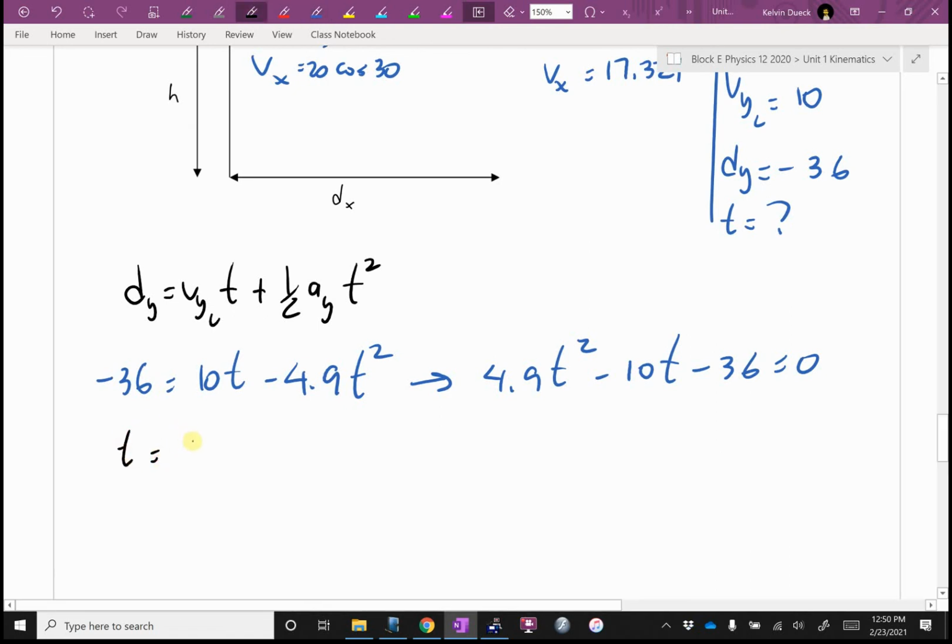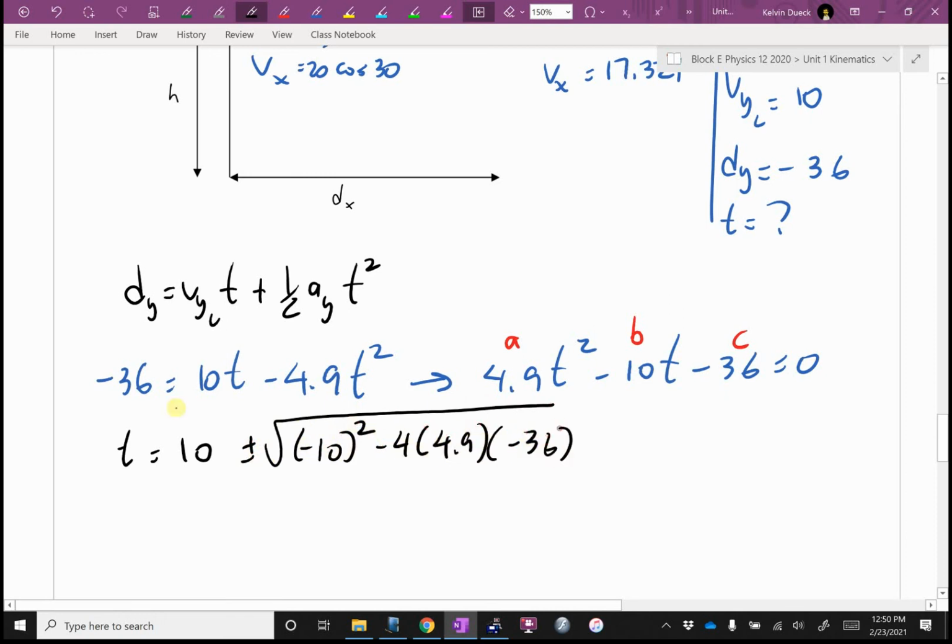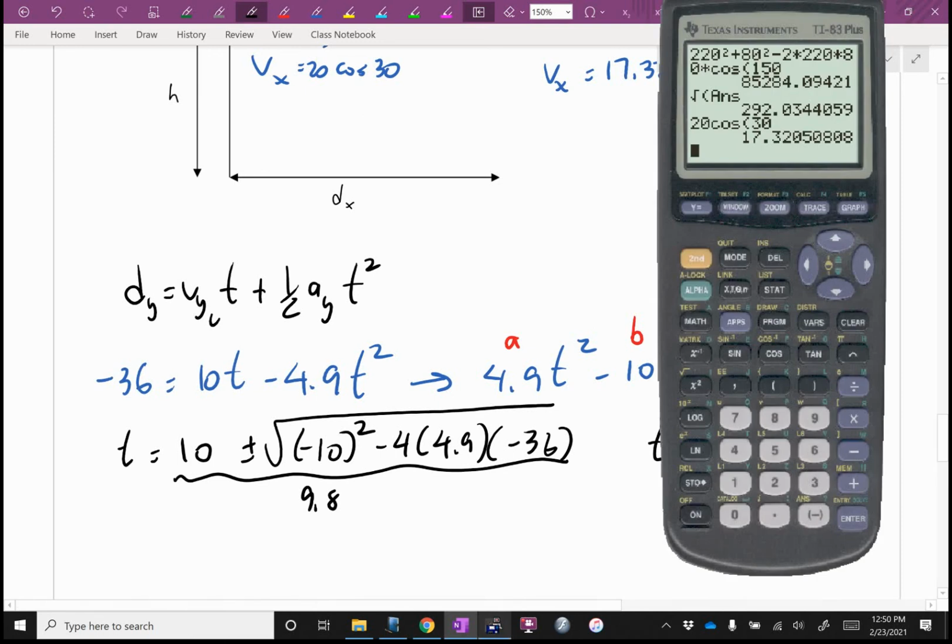T is going to be, well, that's A, that's B, that's C. So T is going to be negative B, which makes the negative 10 positive, plus or minus the square root of B squared minus 4 times A times C all over 2A. T is going to be bracket 10 plus the square root of 10 squared.